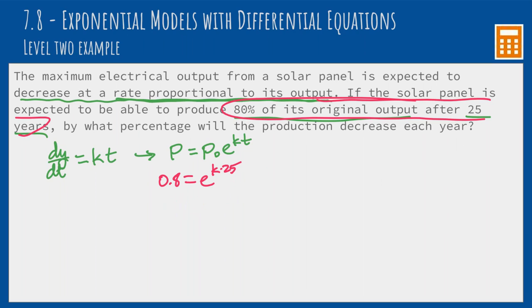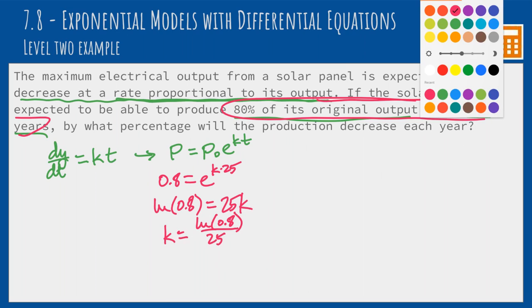And to solve for k, we take the natural log of both sides, and we're going to divide by 25. And that's going to give us our k value for this equation.